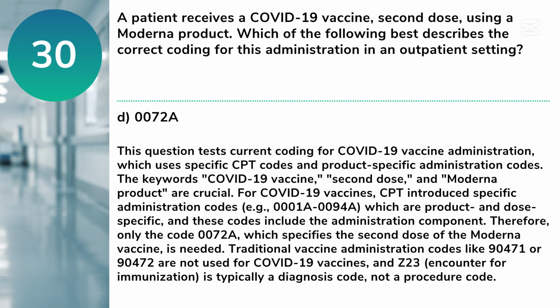Therefore, only the code 0072A, which specifies the second dose of the Moderna vaccine, is needed. Traditional vaccine administration codes like 90471 or 90472 are not used for COVID-19 vaccines, and Z23, encounter for immunization, is typically a diagnosis code, not a procedure code.